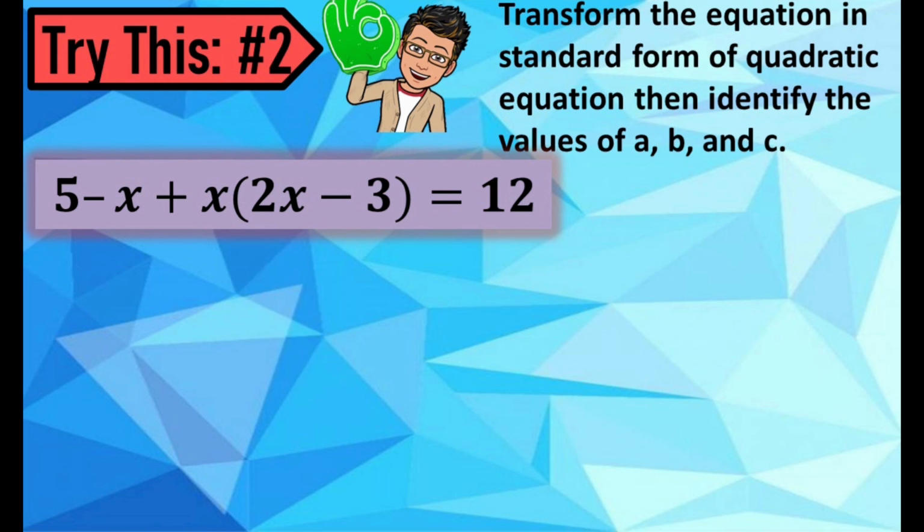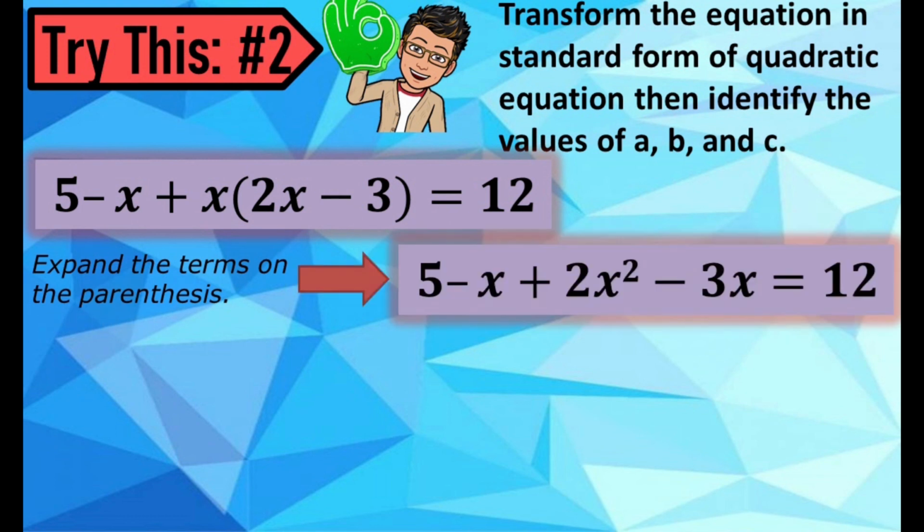Alright, time's up. It's now time to check your answers. For our given, the first thing that we're going to do is expand the terms on the parentheses. So it will be x times 2x is 2x squared. X times negative 3 is negative 3x.